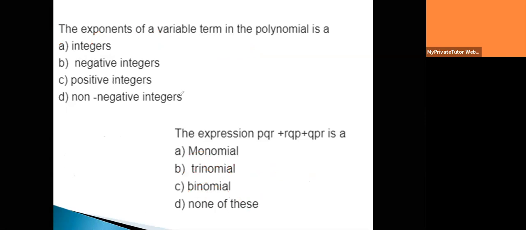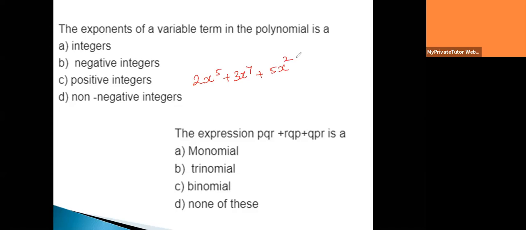So the exponents of a variable term in the polynomial is called as what? See the question again. Exponent. For example, you're writing a polynomial expression. So the exponent can't be or is what? For example, 2x power 5, 3x power 7, 5x power 2.